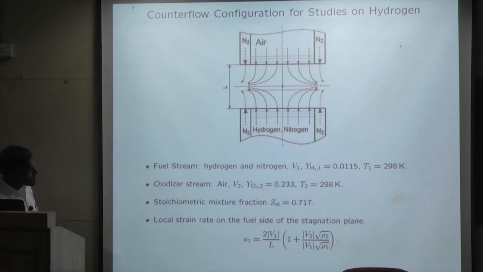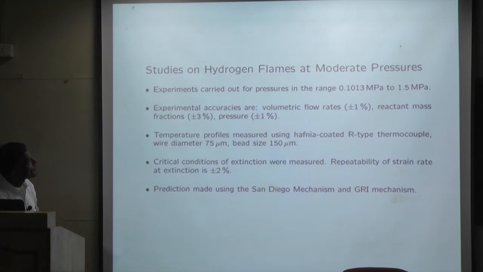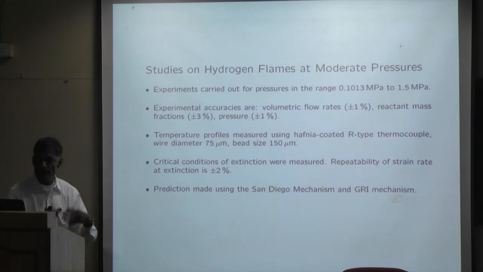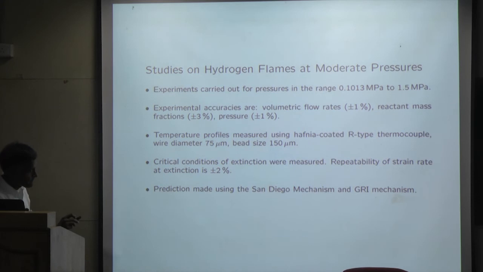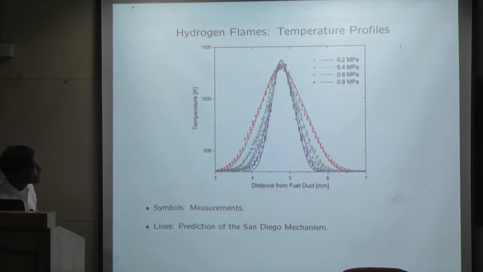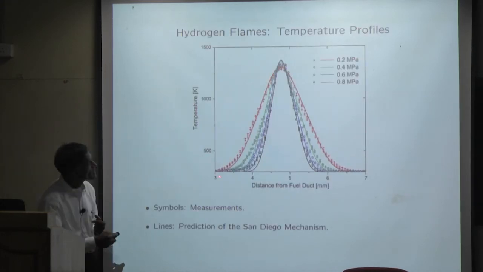We measure critical conditions of extinction. I'm going to go through these quickly. There are some of the accuracies: the experiments were over that range, and this tells you what the experimental accuracies are. We've also measured temperature profiles. So here are some measured temperature profiles in a hydrogen flame.